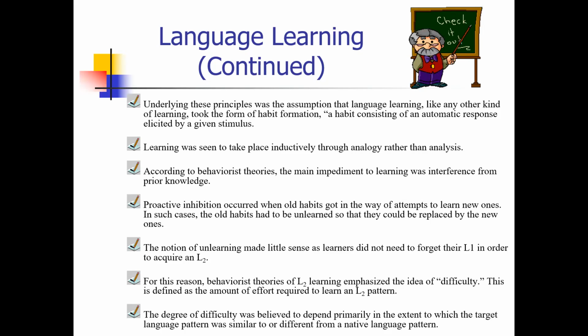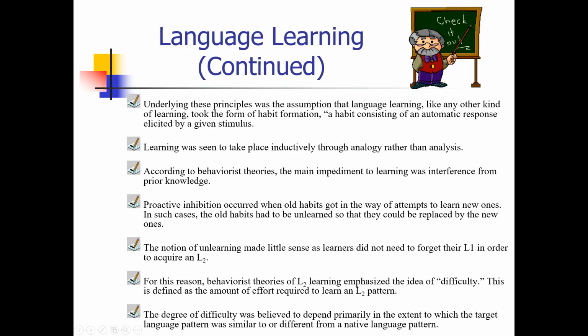According to behaviorist theory, the main impediment to learning was interference from prior knowledge, and proactive inhibition occurs when old habits got in the way of attempts to learn new ones. In such cases, the old habits had to be unlearned so that they could be replaced by the new ones.